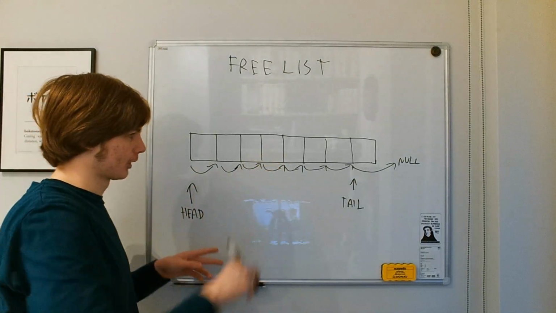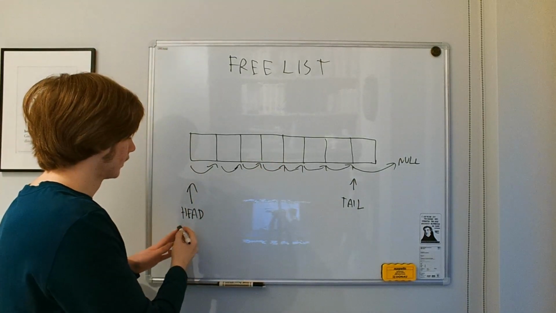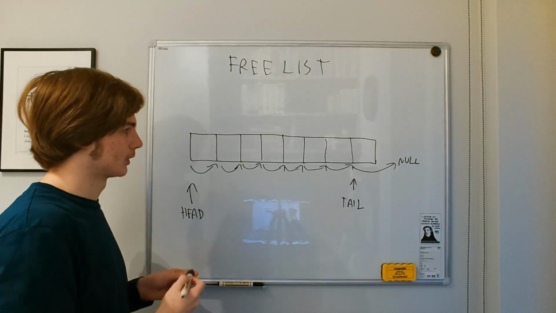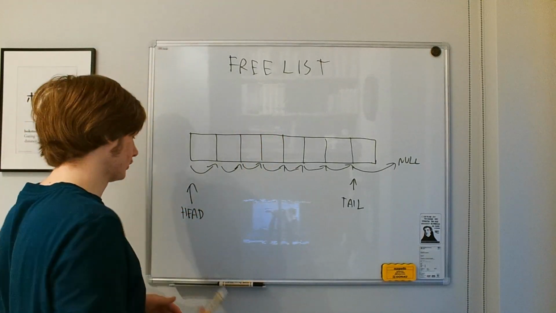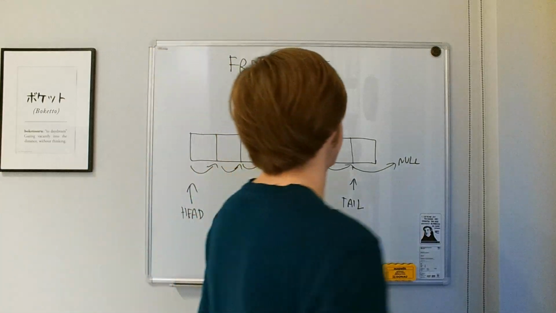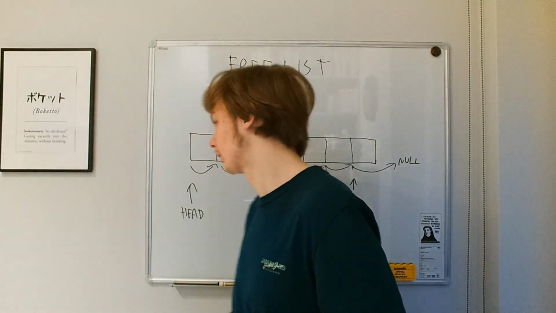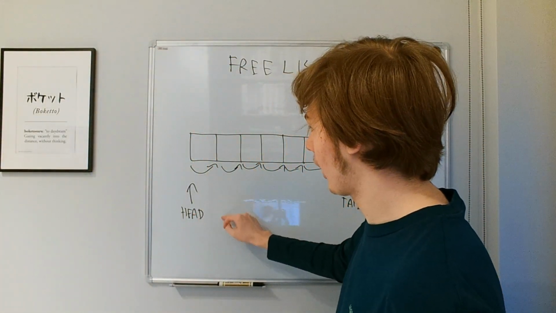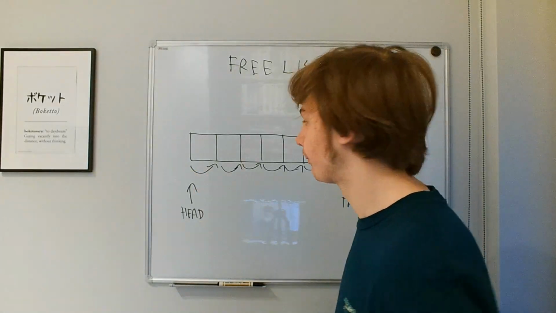So you keep track of all the free chunks of memory, and since it only contains free elements by definition, well, everything is free by default, right? And also by definition, since the free list only contains bytes that are free, you can simply grab the address, which is over at the head.